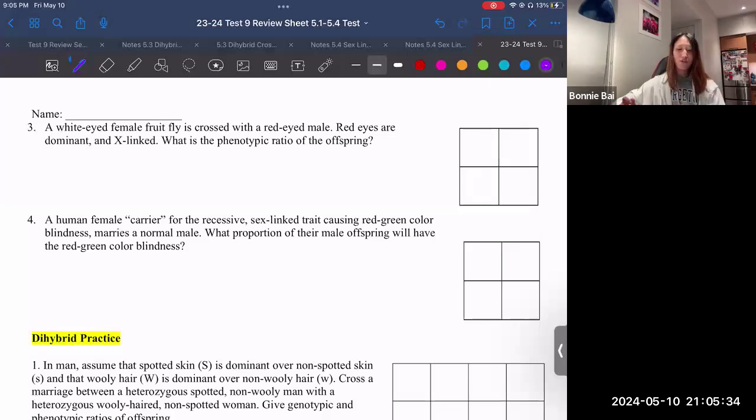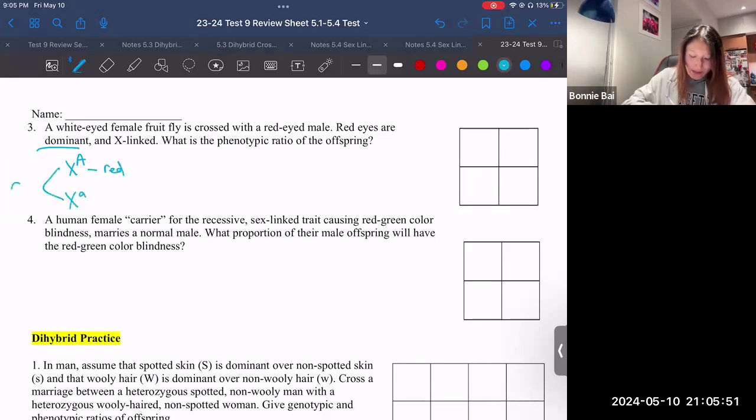All right, question number 3. Okay, this one's easy. It says red eye is dominant and X-linked. X big A. Oh, finally, it's not making me use W. X big A is red. These are the 2 types of alleles. X little a is white eye.